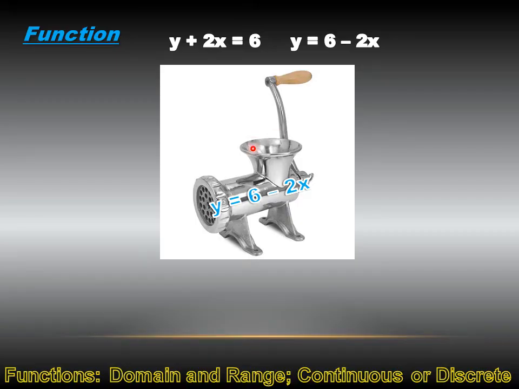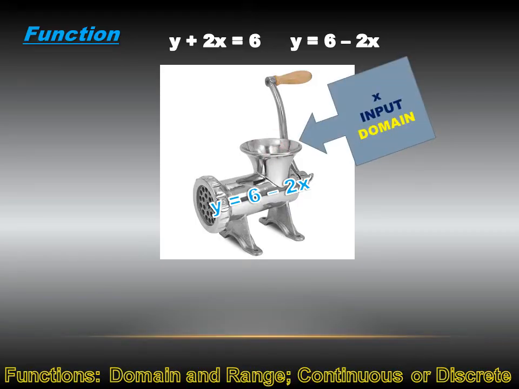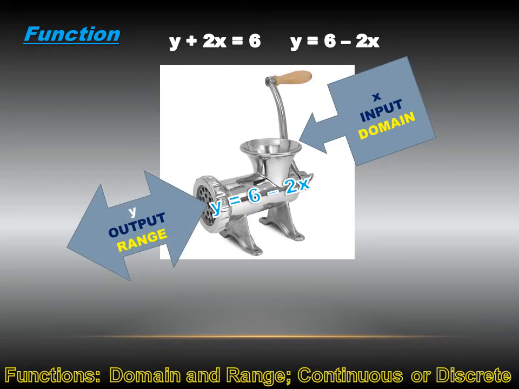What do you put in at this end? Well, you put in the x value. You input the x value. And the whole range of those x values that you input is called the domain. Now we input that x value into the machine, and the machine converts it using y equals 6 minus 2x, and out the other end we get the output, or the y value.